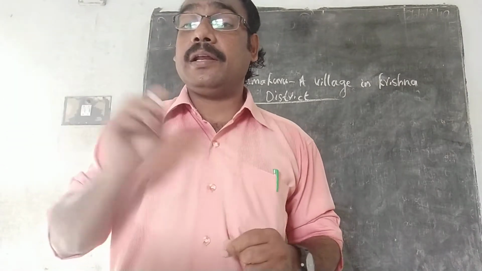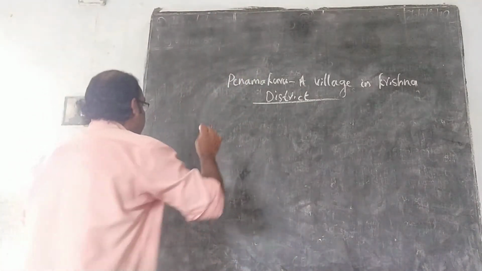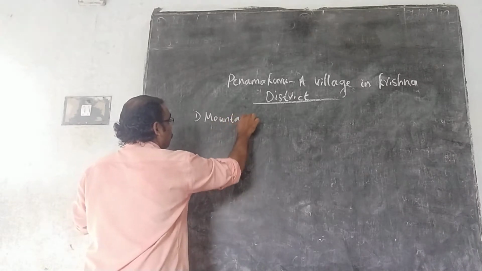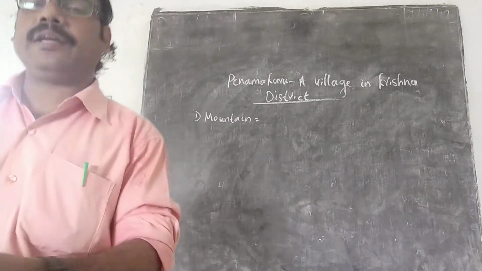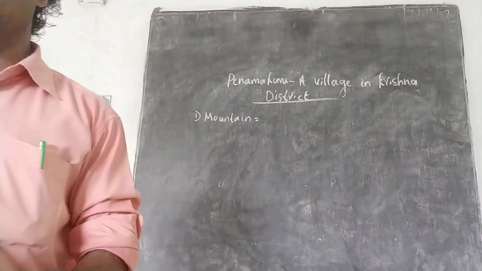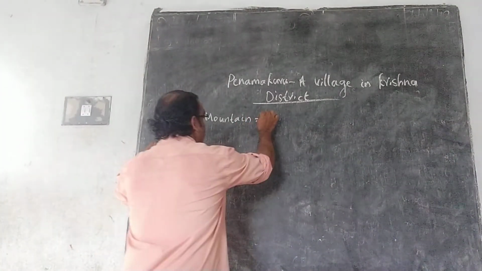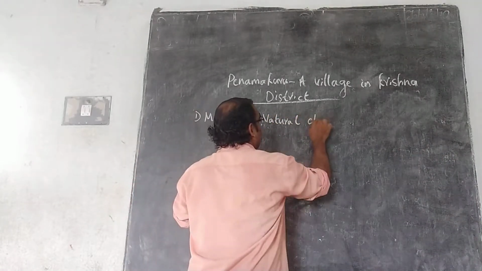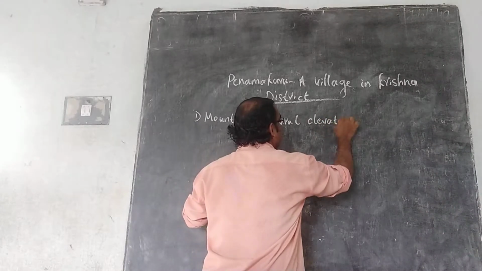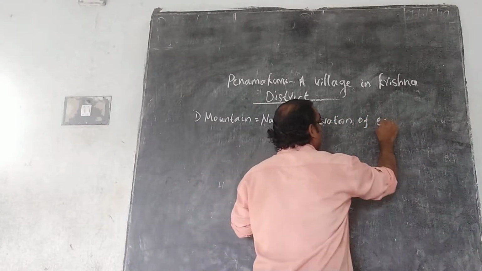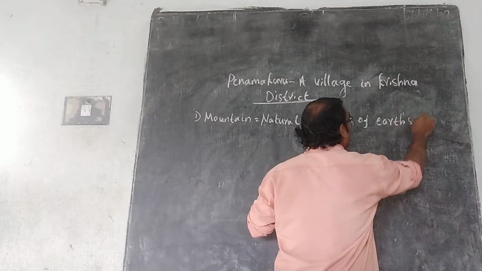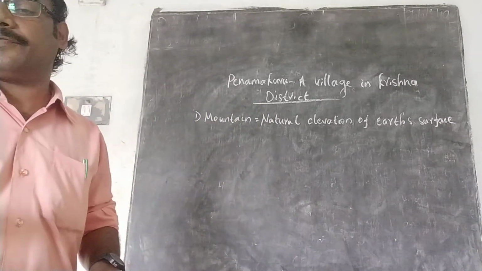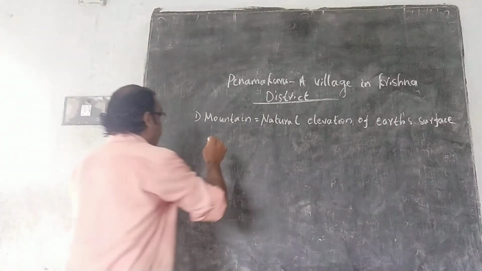Now I am writing some important main keywords for you. The first one is mountain. What definition can we give for mountain? A natural elevation of the earth's surface with a small summit.